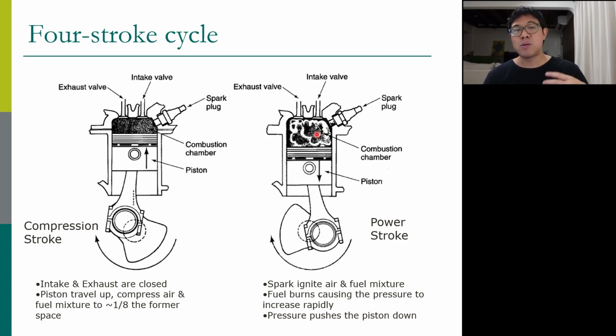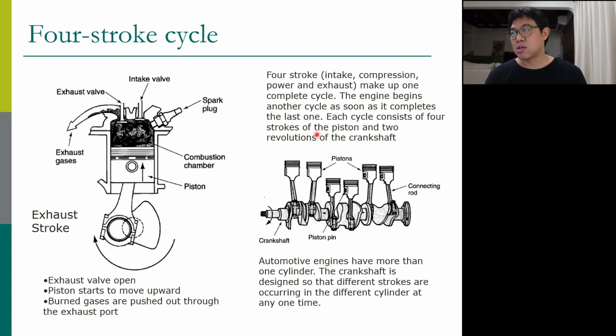So we have to remove it by pushing the gas out, so we have the exhaust stroke. In the exhaust stroke, the piston moves up, the exhaust valve opens, and we remove all the exhaust gas, the gas that already combusted. Then the combustion chamber is empty, so we go back to the intake stroke.